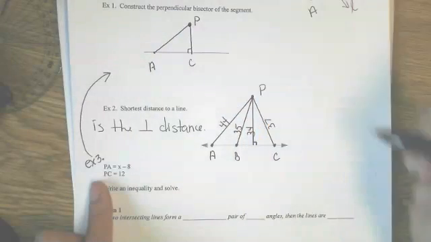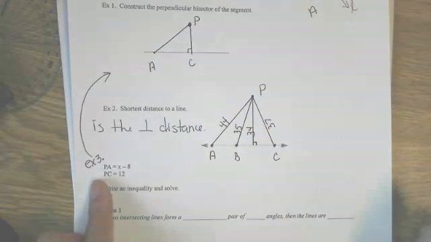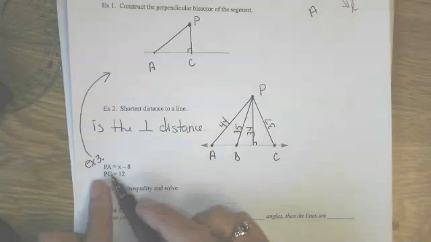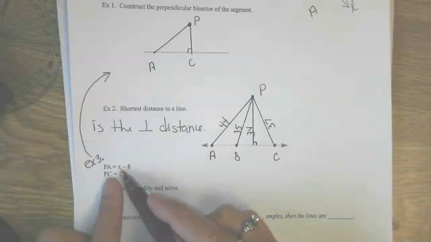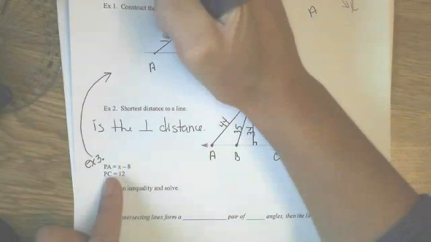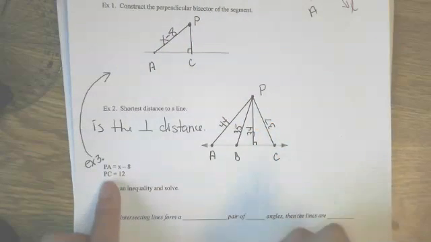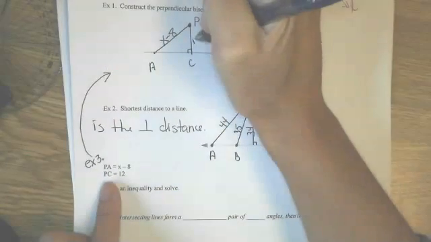So, there's your picture. We've got two segments, PA and PC, and then our line along the bottom. And what this example is telling me is that the length of PA is x minus 8, and the length of PC is 12.